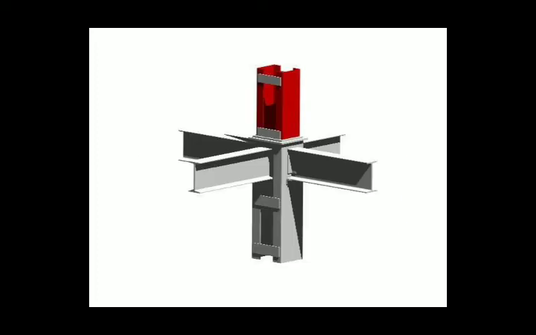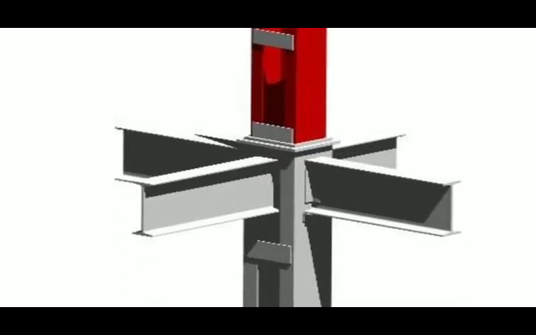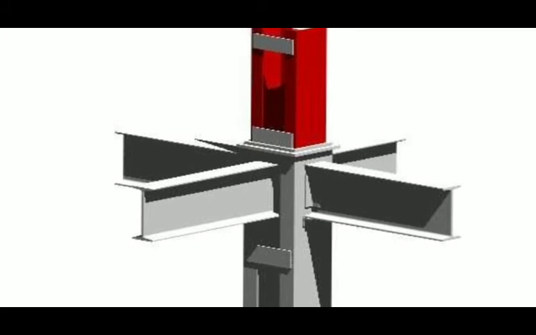This is the figure in which the vertical member is the column and the horizontal members are the beams. This joint shows the connection of the different members, beam and column. If you look, we can see different flat plates and angles are used for proper connection of the column and beam, and for that maybe a weld connection, or a bolted connection, or riveted connections are used.